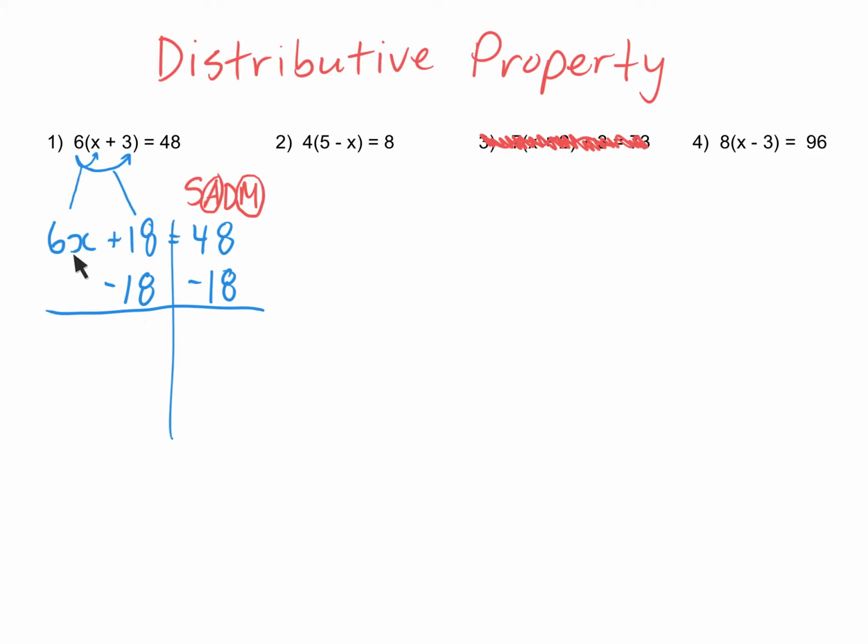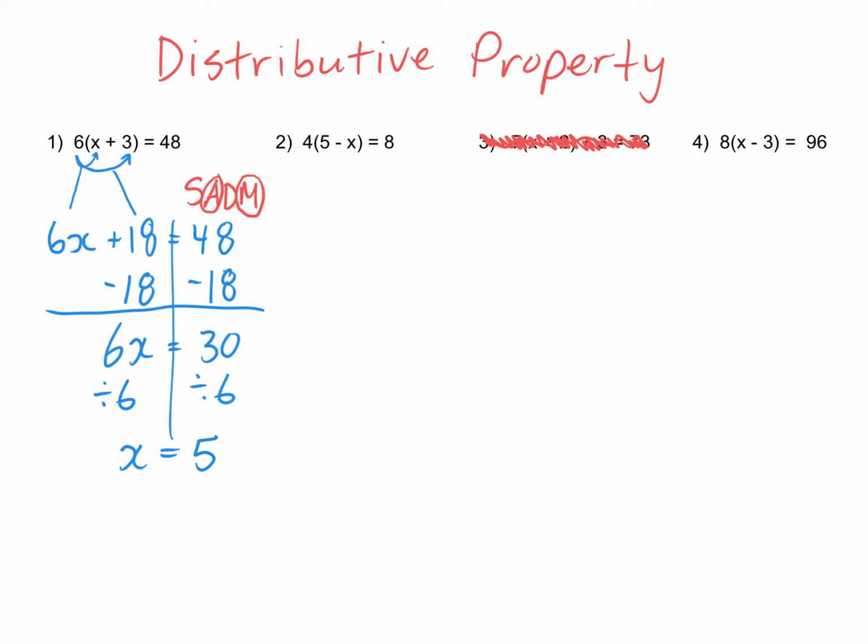From this side, we still have 6x. And then we have 48 minus 18, which is 30. So we have subtracted. Now we're going to divide. What do I divide both sides by? 6. Divide by 6. And x equals 30 divided by 6, which is 5. And there's our answer.